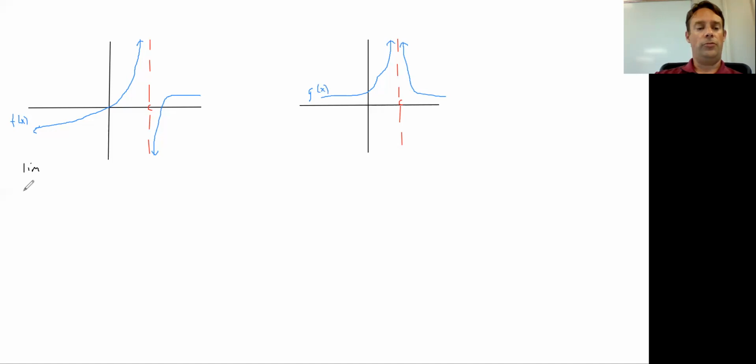What I'm wanting to know is, as x approaches c from the negative side, what does our graph equal? What does our function equal? As x approaches c from the positive side, what does the graph equal? And how about just in general, the graph itself?